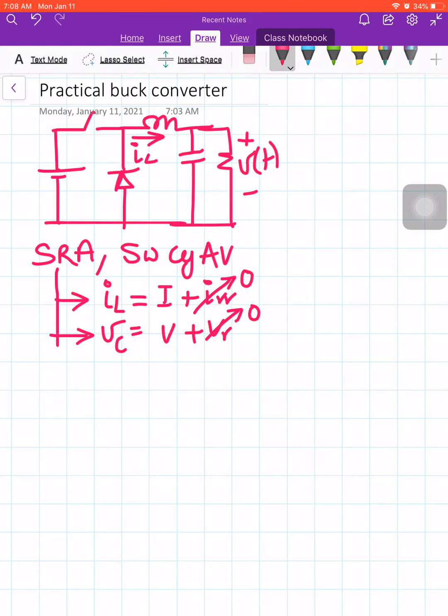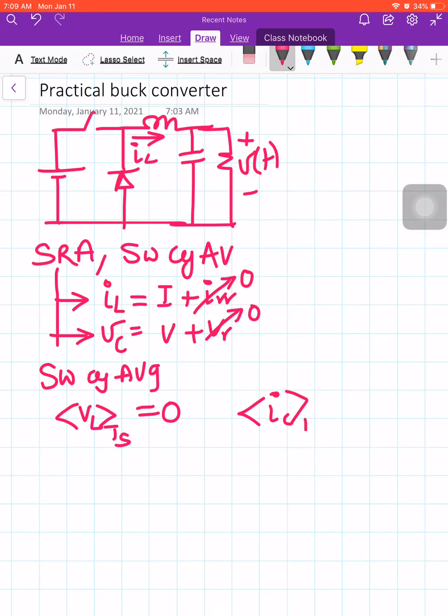And what about the switching cycle average? The average inductor voltage over a switching cycle is equal to 0, and the average capacitor current over a switching cycle is equal to 0. So these are the two fundamental principles that we rely on to compute our output equations, current ripple, and voltage ripple expressions.